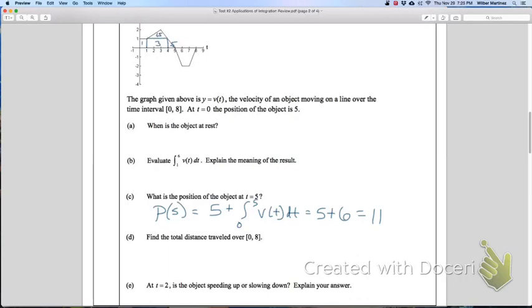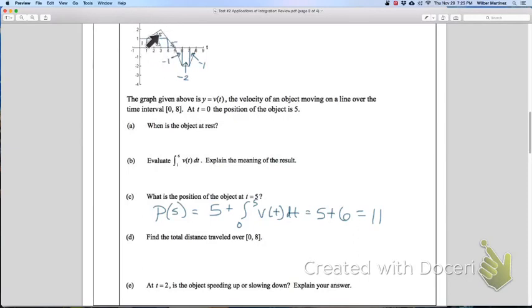Part D says find the total distance traveled from 0 to 8. So remember, this is the one where we ignore the negatives and we treat them as positives. So if I come back up here to my graph one more time, I know that this little triangle has an area of -1, and I know that this little triangle has an area of -1. And I know this rectangle in the middle has an area of -2. But if we're just going to add, so we already know that over here we have an area of 6.